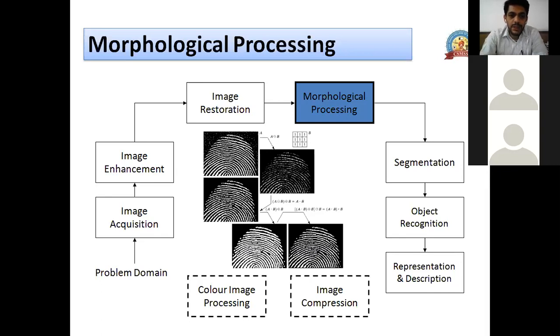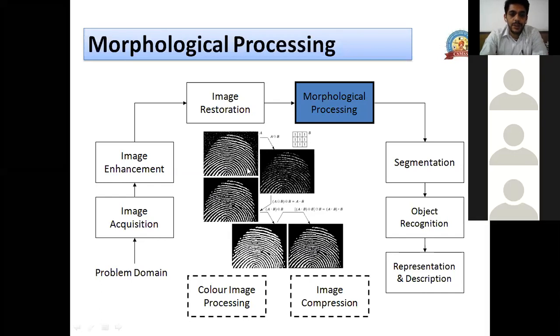So these morphological operations are used for this purpose. You adopt them to increase the width, to decrease the width, to fill holes, to make holes larger, or to remove some noise like this one, not the previous one which I have shown. This noise is different from that noise.